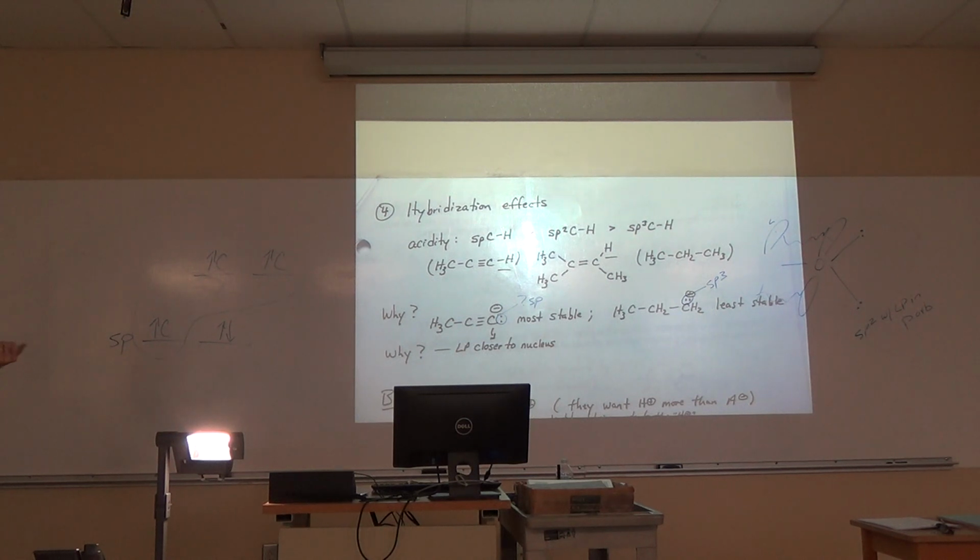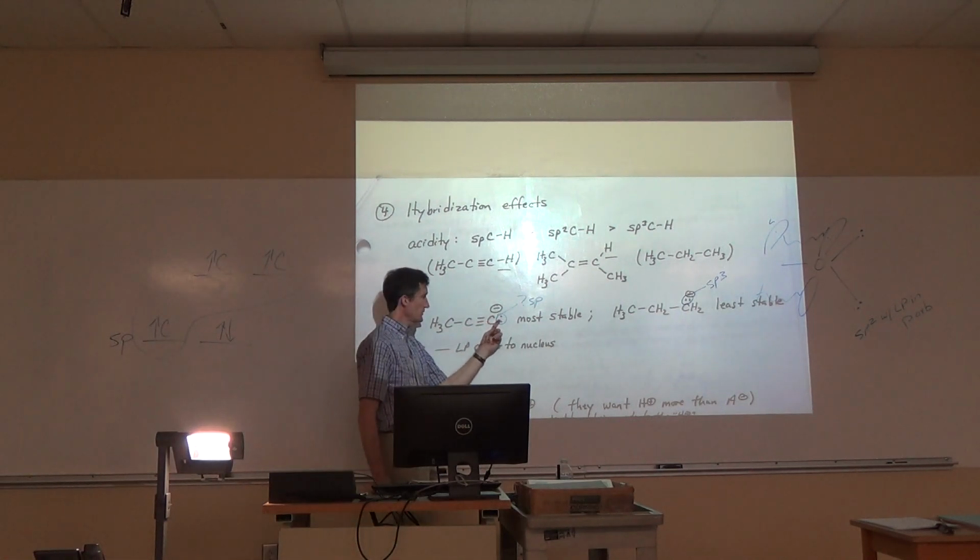Because that orbital is lower energy, 50% s. That lone pair is in an orbital that's 50% s, where the one over there is in an orbital that's only 25% s. 50% s, these electrons are going to be more stable.